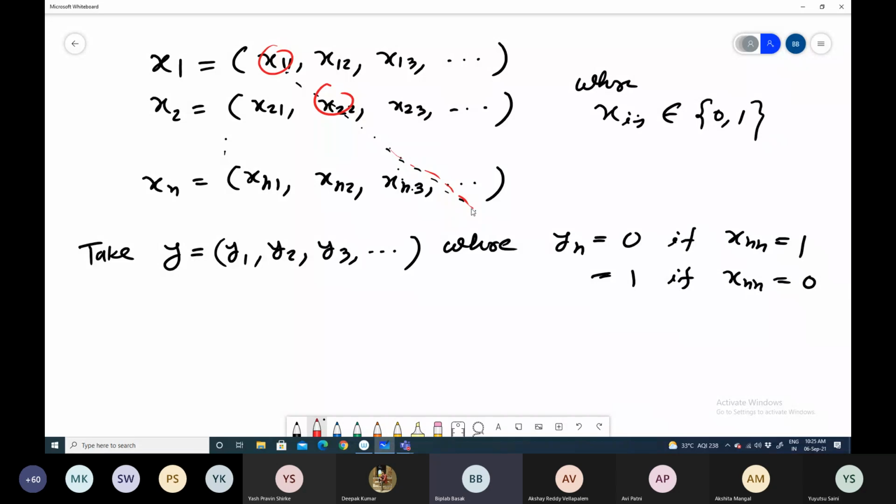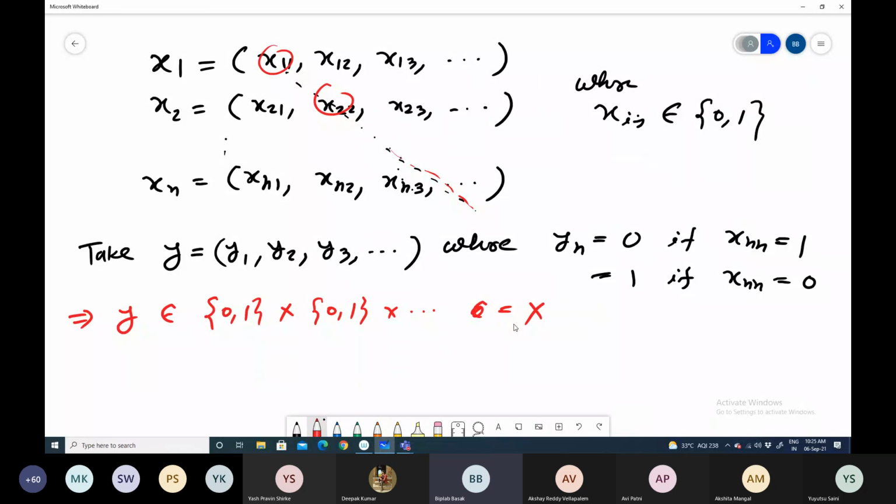If it is 0, then we take 1. If it is 1, then we take 0, right? So y belongs to that set, that means y is in X.